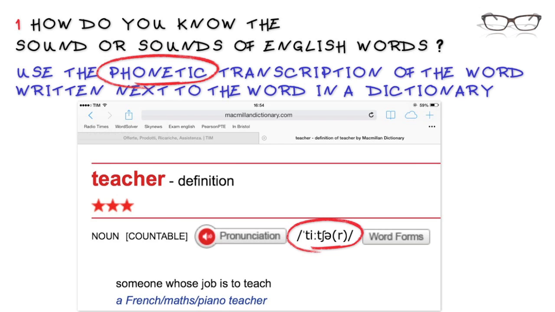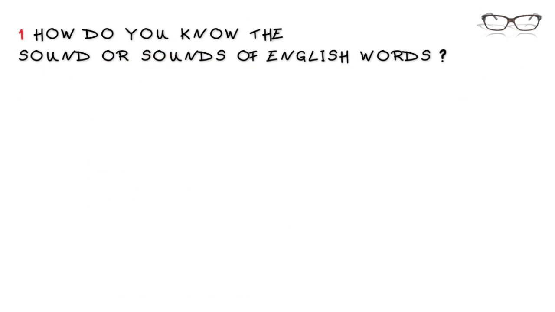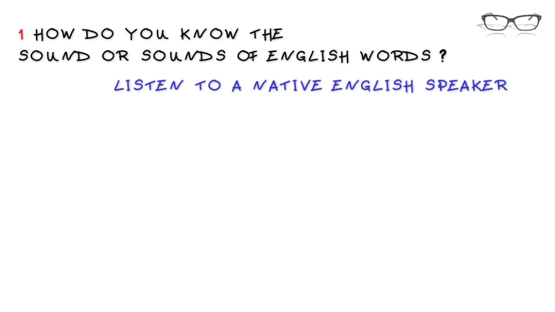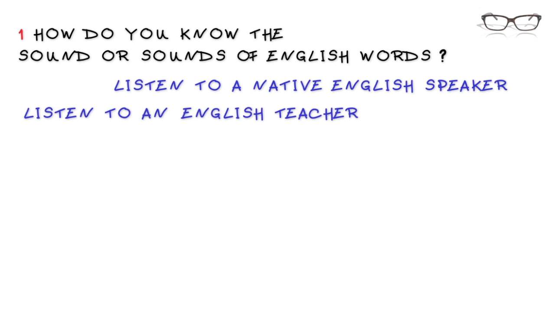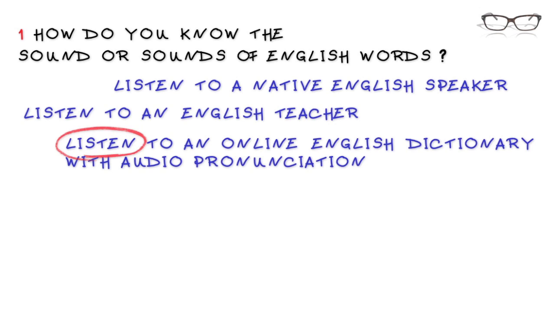Now, if you can't listen to the pronunciation by an English speaker, you can reconstruct the pronunciation using the phonemic chart, knowing the sounds, and you can do it on your own. Of course, the alternative to this, to know the sound and the stress of an English word, is to listen to it being spoken by a native English speaker, or if you are having lessons, to listen to your English teacher pronounce the word correctly.